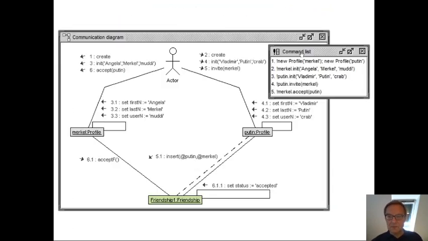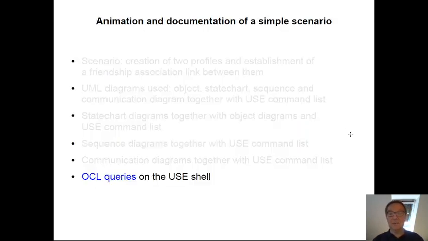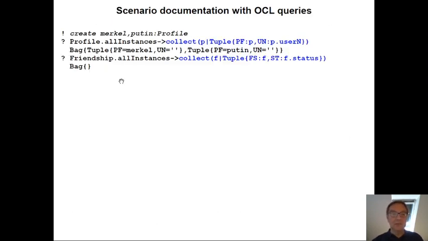This is what I'm going to do on the use shell: exactly these commands that we have previously seen in the command list. So create Merkel, create Putin, and now I'm posing two queries. And the exclamation mark is the indication that some execution is done on the use shell that changes the state of the system, and the question mark is the indication that we have an OCL query here.